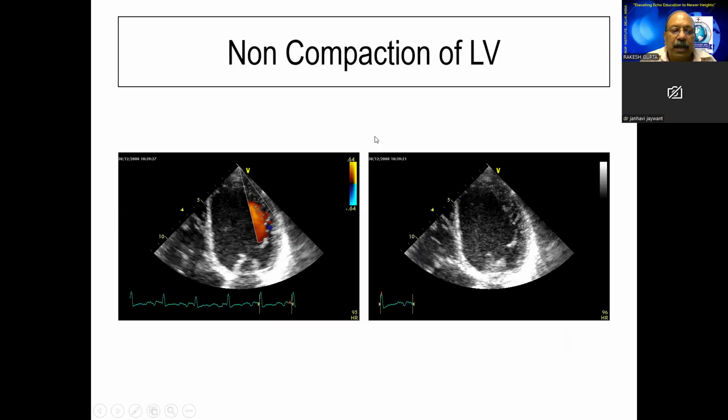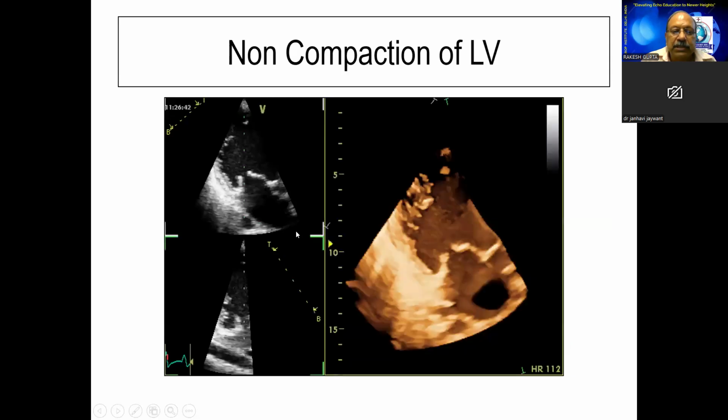Look here, the blood is, now this is much better. This is basis. This is spongy or non-compaction of LV. The terminology keeps changing. We used to call it spongy myocardium, then non-compaction of LV, and now we say hypertrabeculated LV.